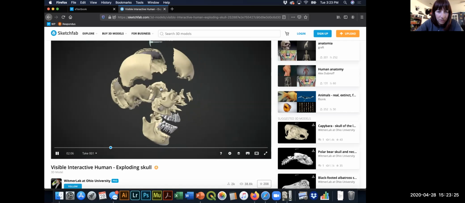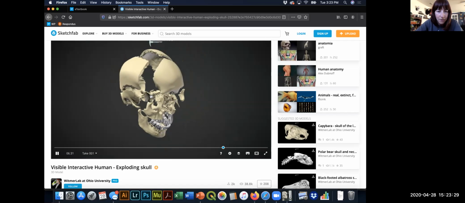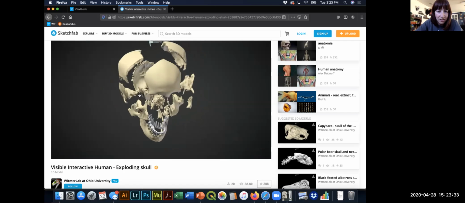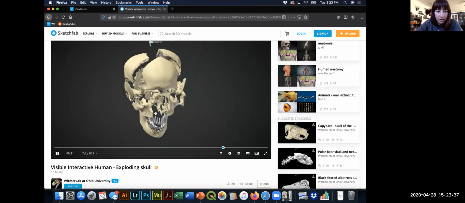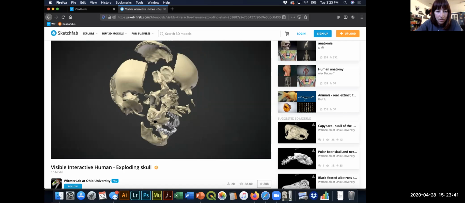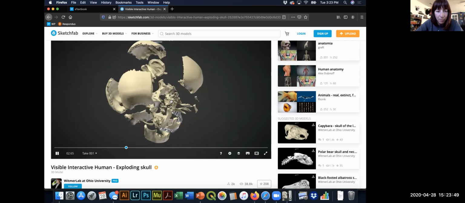That's the sphenoid, this butterfly-shaped bone right here. The ethmoid bone is just anterior to that. It's this funky thing right here, weird looking, sort of brain-shaped bone right here. Does that clarify it or make it worse?